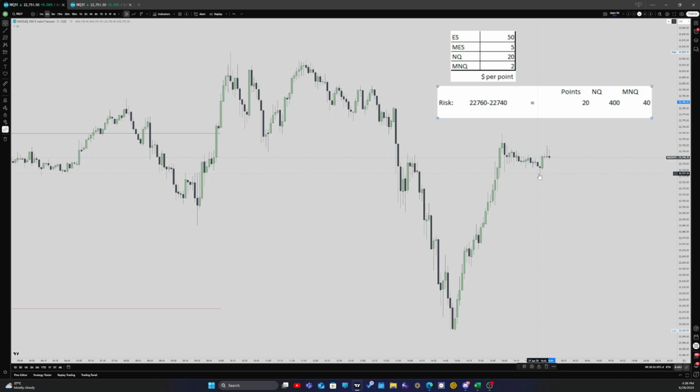And that's how many? 40 minus 27, you have 13. Right, 13 points, or 20. How much is that? You have $260 risk if you would go long with a stop here.